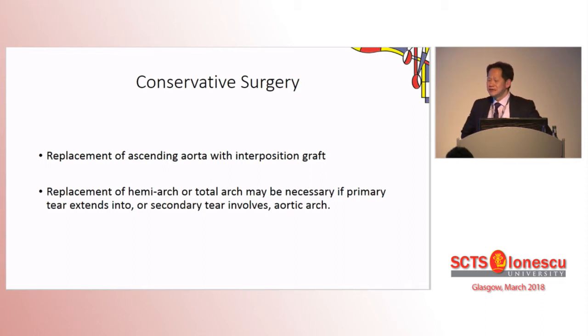You may have also heard terms like make sure the patient survives, live to fight another day. Essentially, most of the time in the UK, for acute type A dissection, we're talking about putting an interposition graft in to keep the patient safe from rupturing into the pericardium, protecting the coronary ostia and things like that. If the tear goes into the arch, we may end up doing a hemi-arch replacement or total arch replacement. So not so conservative, but that's what we mean, all right?